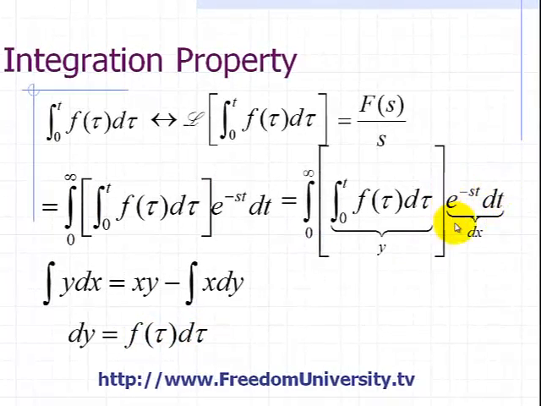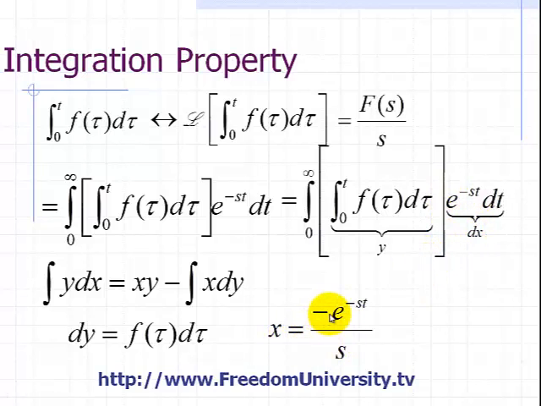Taking the integral of this differential, we get x equals minus e to the minus st divided by s. So now we've got y, dx, dy, and x for this integration by parts formula.